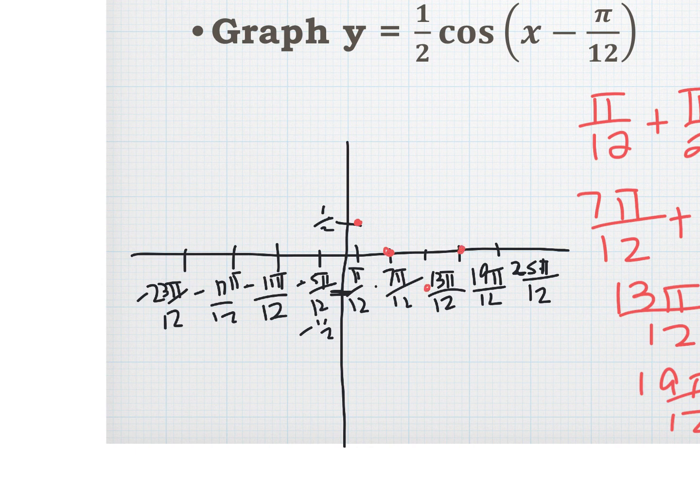Then back up again. And then back up again. So then curve. And again, do not stop on the y-axis. So my next point is right here at the negative 5 pi over 12. And then at the 11 pi over 12, and then back up and back up. And you're done.